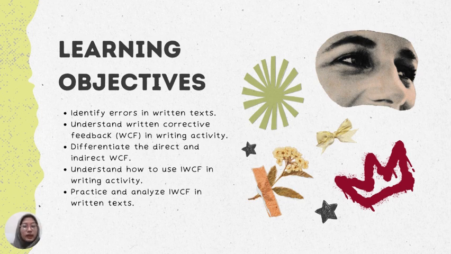That's a lot, but I hope and I believe that we can reach all of these objectives. So, in short, we will analyze errors in written text, learn about written corrective feedback, differentiate the kinds of written corrective feedback and its implementation.